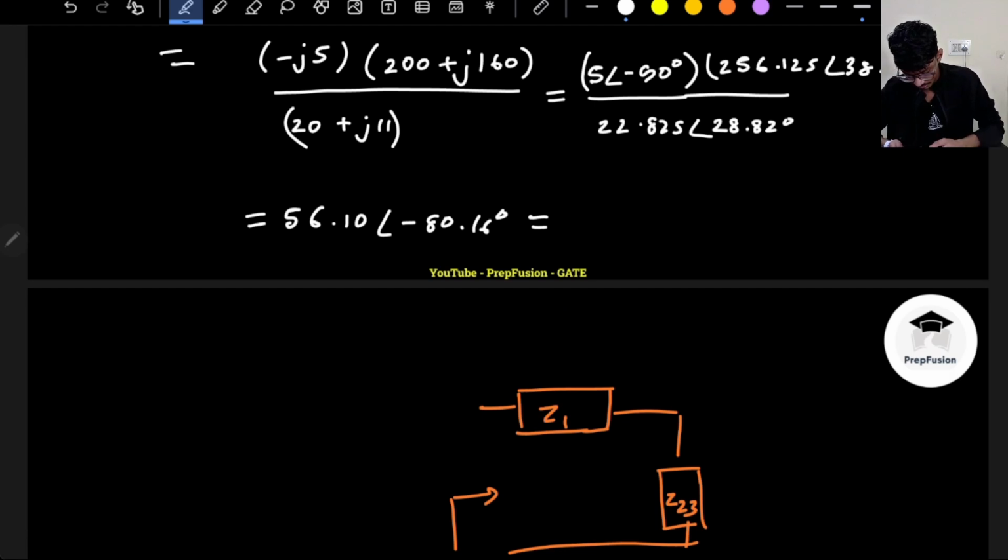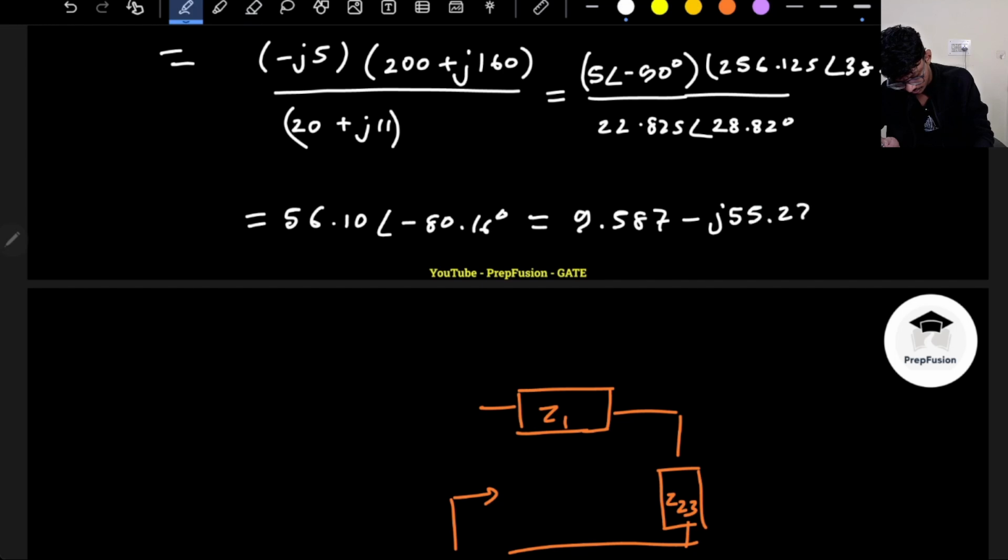So this will be cos into 56.10, which comes out to be 9.587, and sine minus j into 56.10, 55.27 ohms.